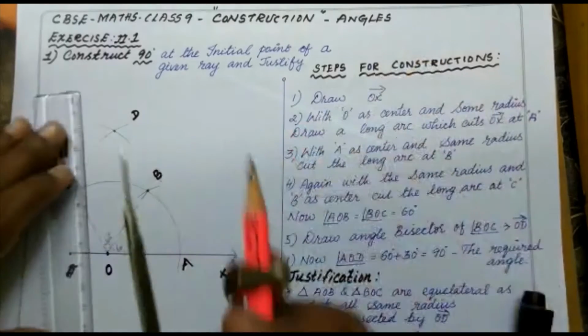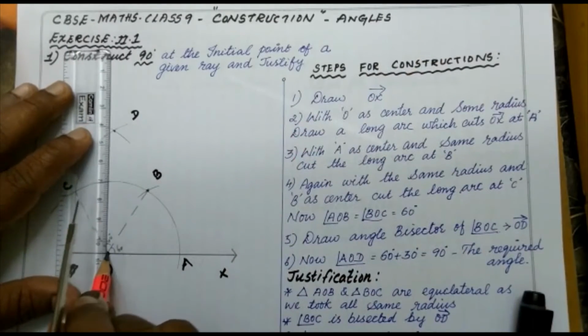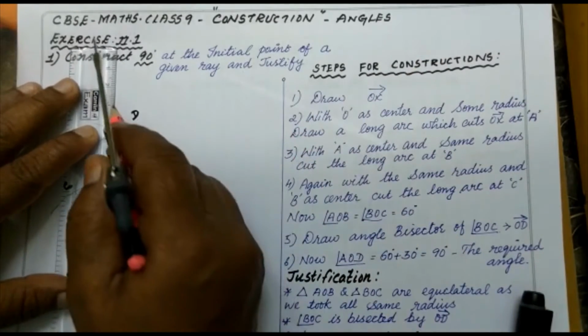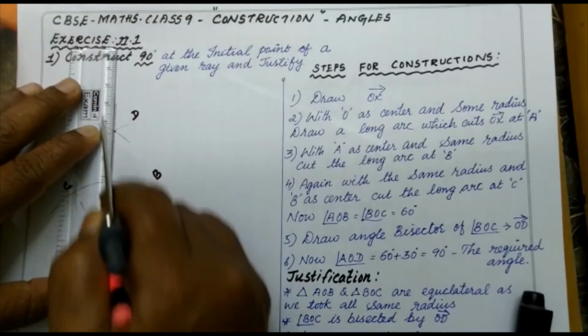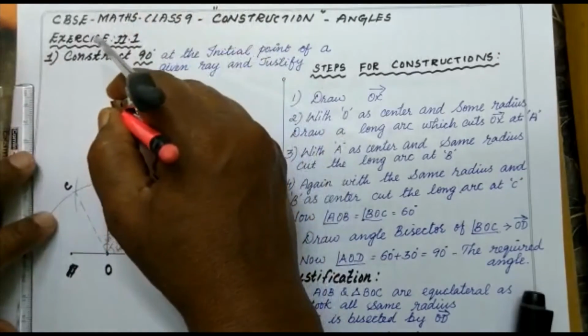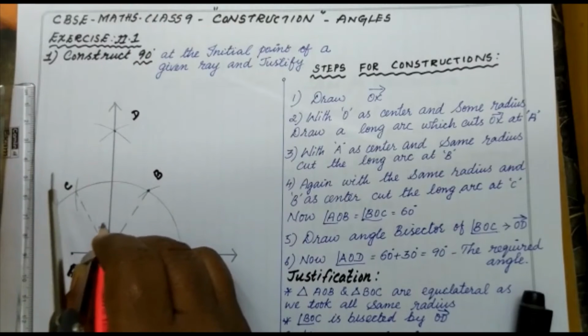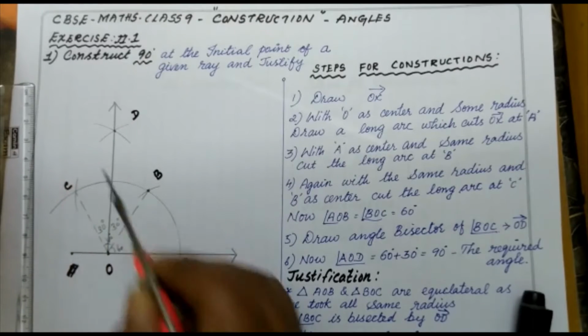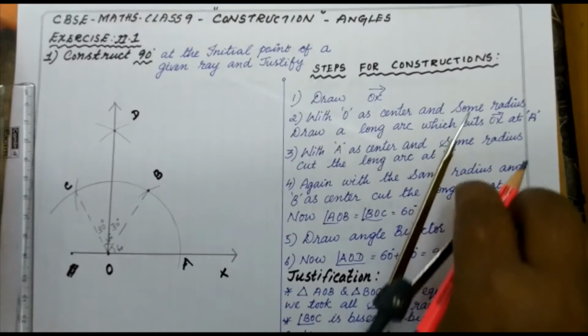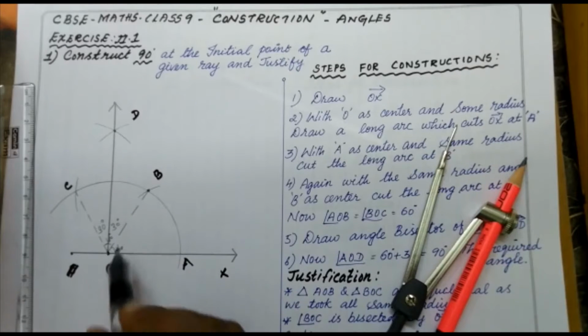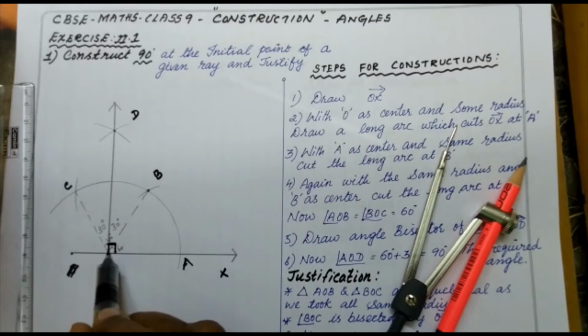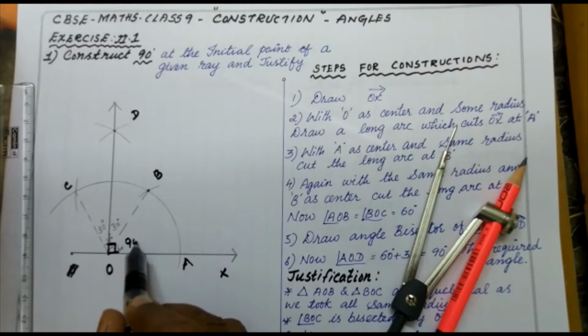Now I am joining this OD. You all know now this 60 degree is divided into 30 plus 30. So you want 90 degree. You can take 60 plus 30. This is your 90 degree.